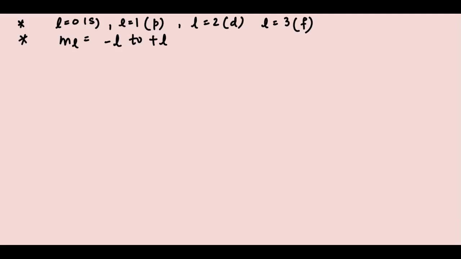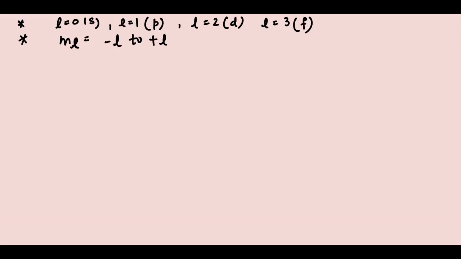So the ml value will be dependent on the value of L. The symbol of ml is made like this: you start with one point and reach the next point, and both points lie in opposite directions, from minus L to plus L. This way you can remember.